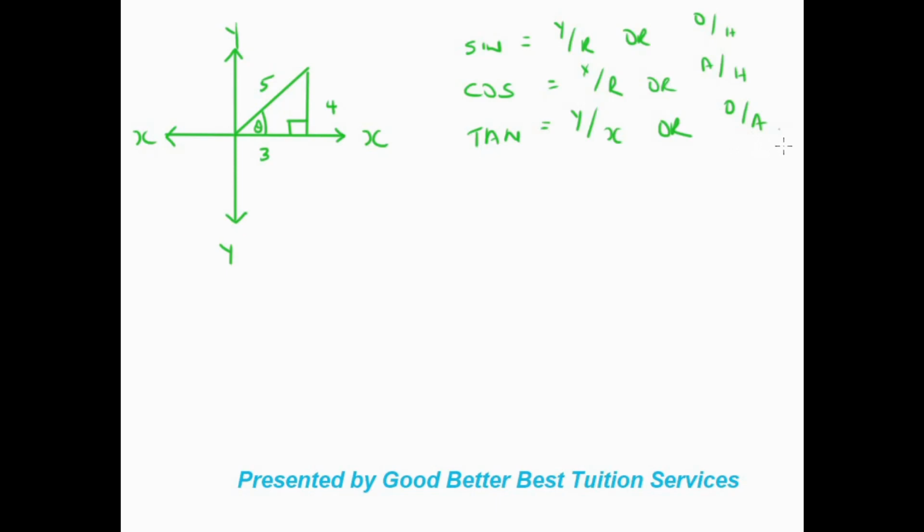It doesn't matter which method you use, as long as you are aware that there are two possible references. You might use y over r, or you might use o over h. You might use x over r or a over h, and you might use y over x for tan instead of o over a. Both are completely acceptable.